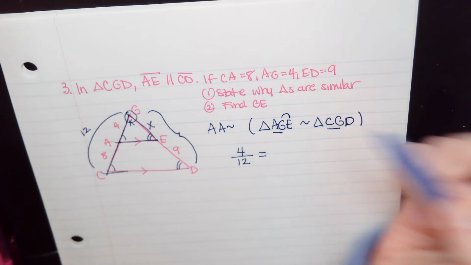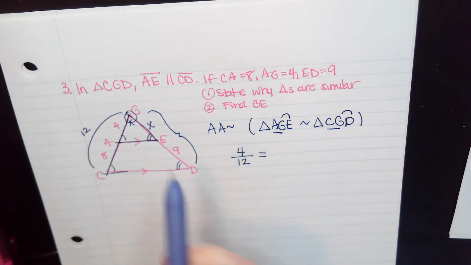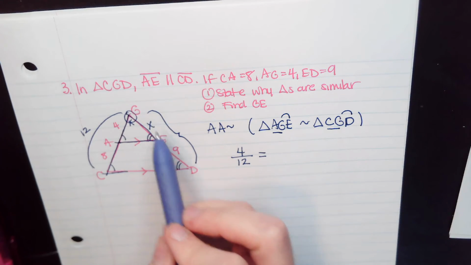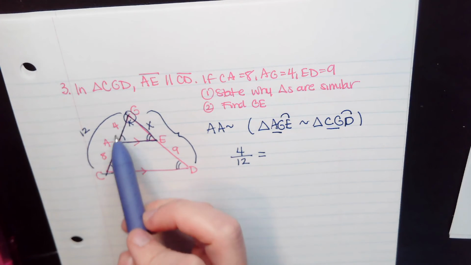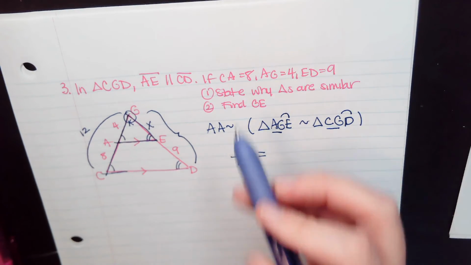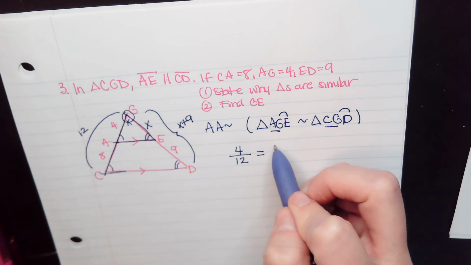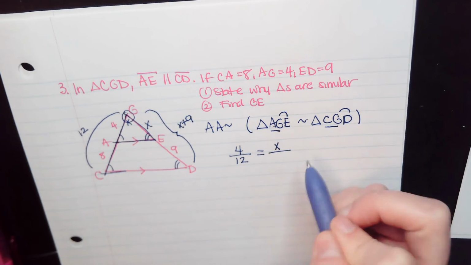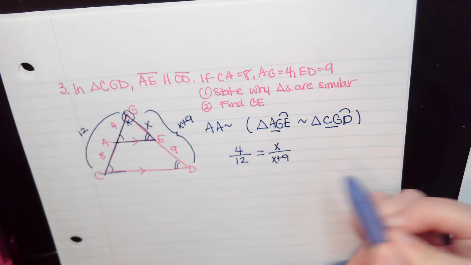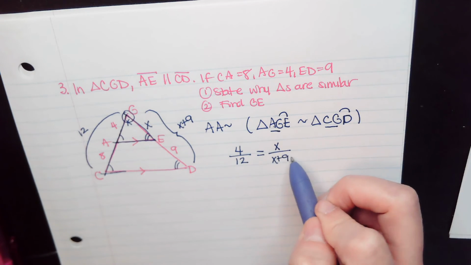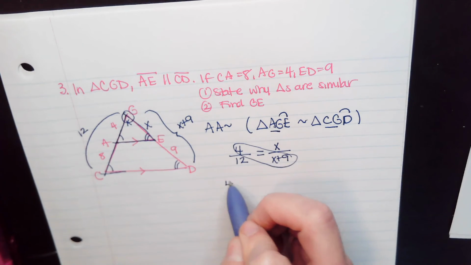So GE has to correspond to GD. So GE is right here, corresponds to GD. Now this is X and 9. So just like here we did 4 plus 8, we would do X plus 9. So X in the smaller triangle will correspond to X plus 9 in the larger triangle. Now we have our proportion set up, so we can go ahead and cross multiply.